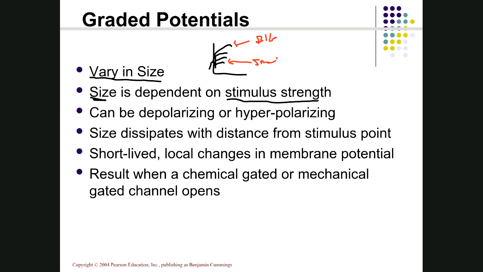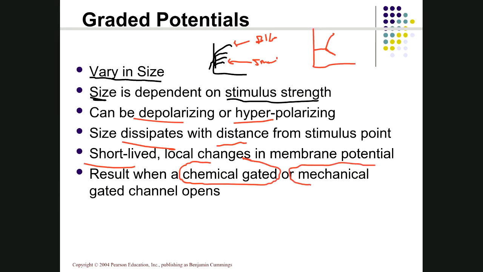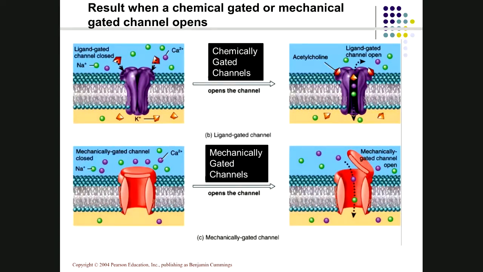We already know they can be depolarizing or hyperpolarizing. Remember, they can go this way, but they can also go this way. They don't travel very far. They dissipate with distance. They don't last very long. And remember, the channels that are involved are chemical gated or mechanical gated channels. These, not voltage gated channels. Just these two types here.